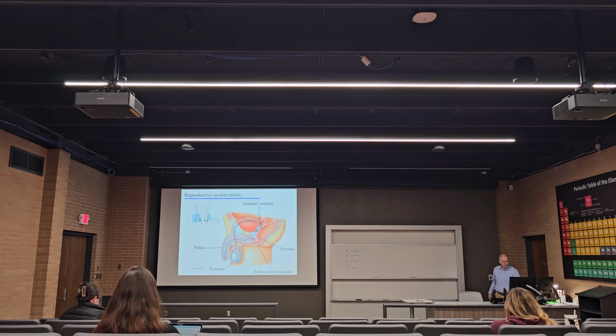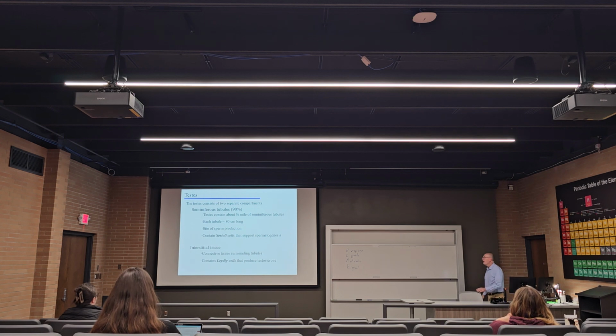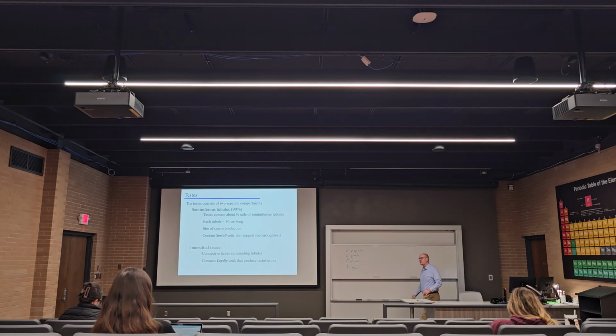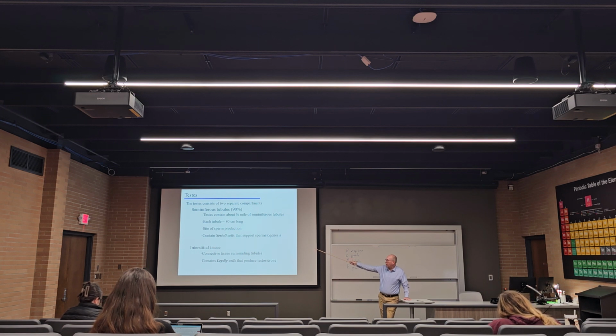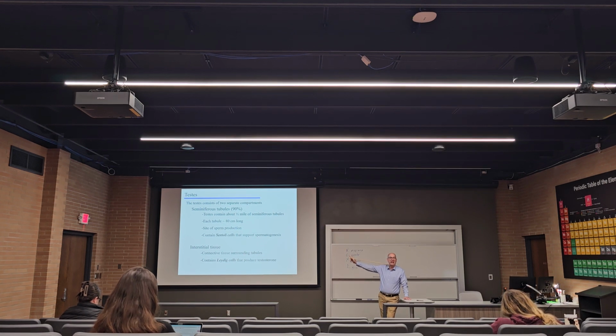Let's take a closer look at the testes. The testes consist of two parts. 90% of the volume there is what is known as the seminiferous tubules. The seminiferous tubules is where the sperm is actually produced. And these are tubes. Each testis contains about half a mile of these tubes.